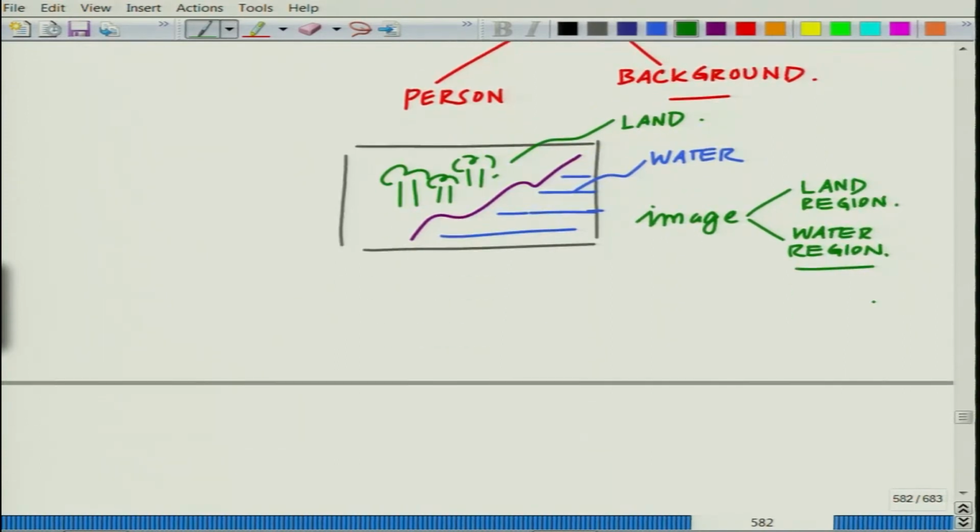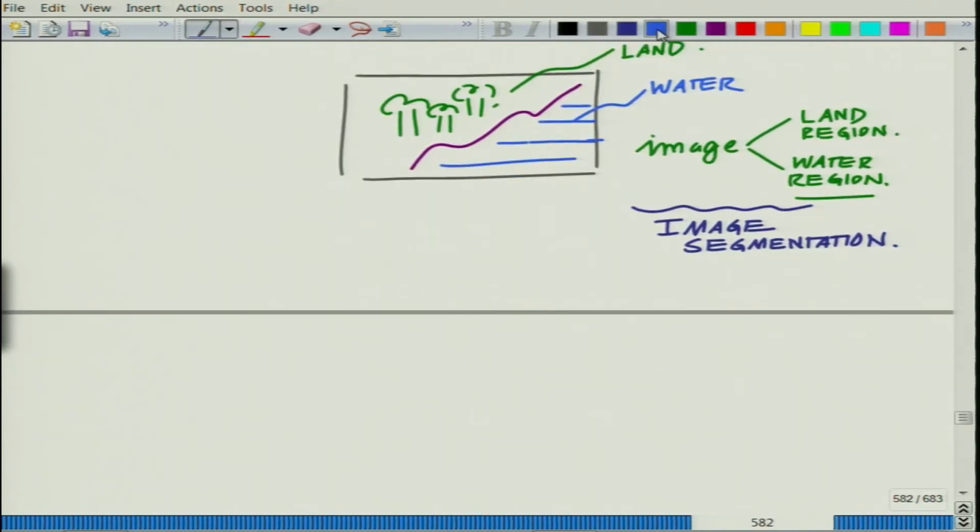Essentially what you are doing is also termed, by the way, image segmentation. You are segmenting the image. What is the meaning of image segmentation?